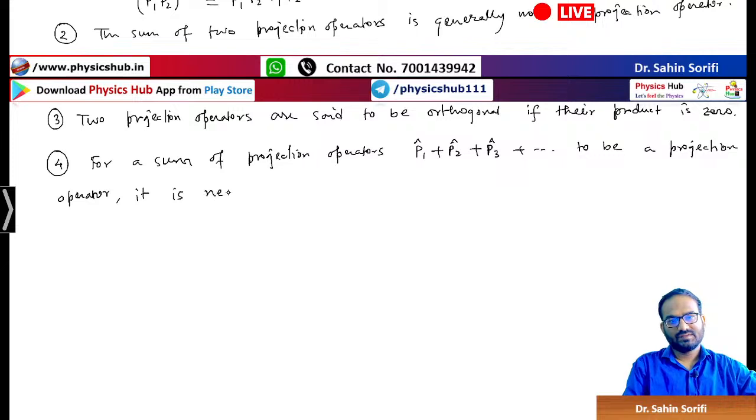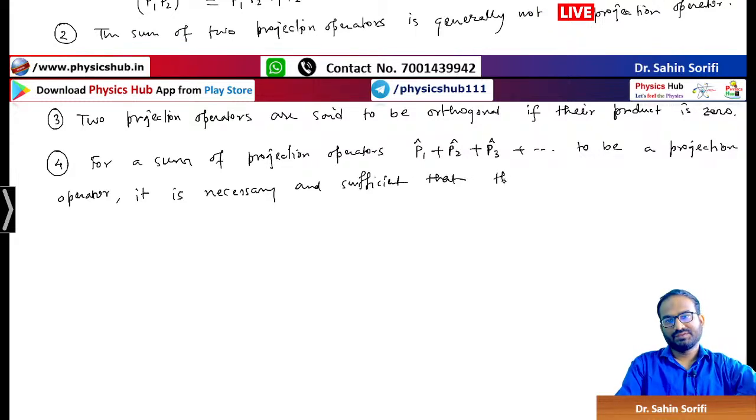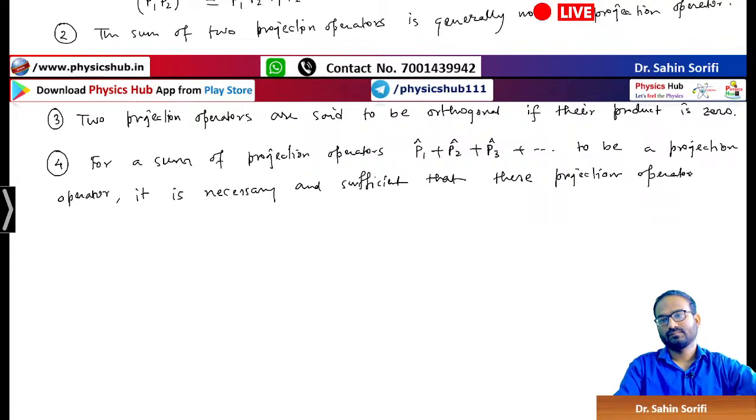It is necessary and sufficient that these projection operators should be mutually orthogonal.